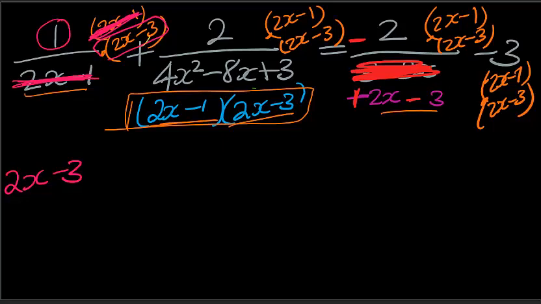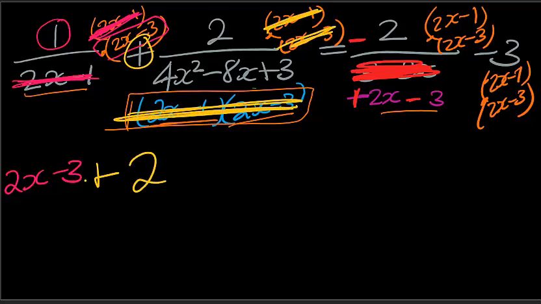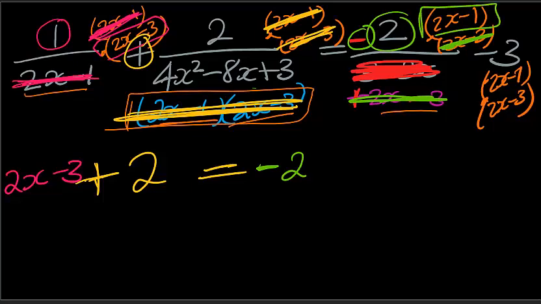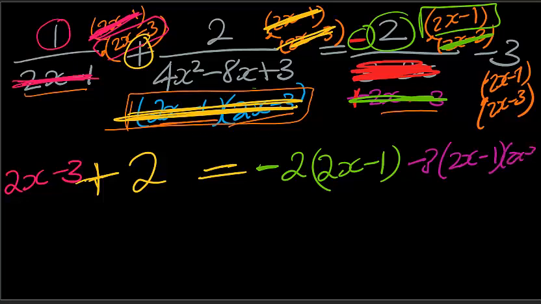The second one is going to be plus. This entire denominator cancels with both of them, so it's plus 2. And that is equal to, we have minus, let's cancel, 2x minus 3 cancels with 2x minus 3, so it's minus 2 times 2x minus 1. And our last one is going to be minus 3 times 2x minus 1 times 2x minus 3.